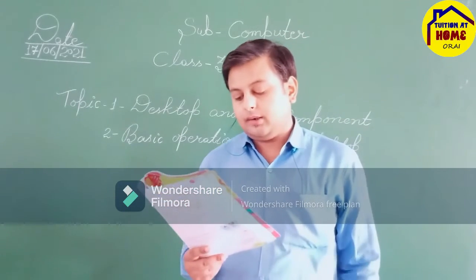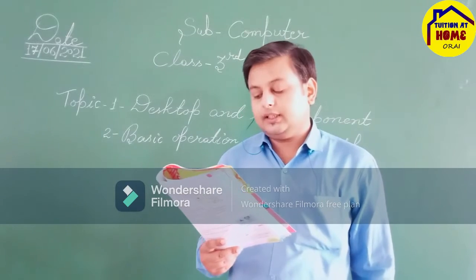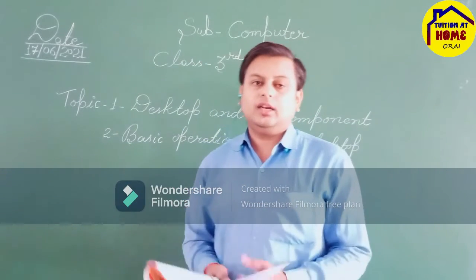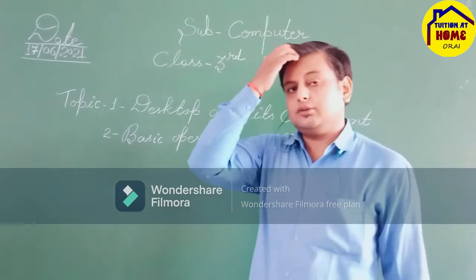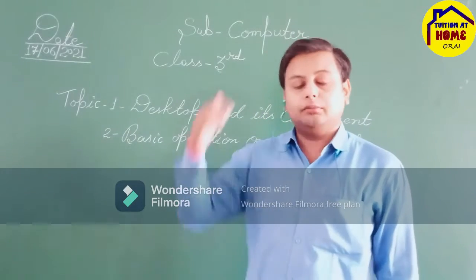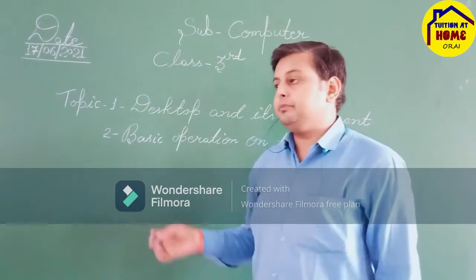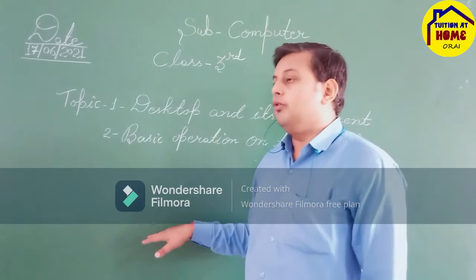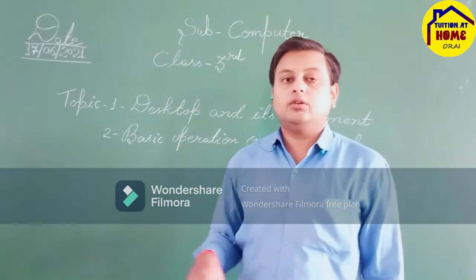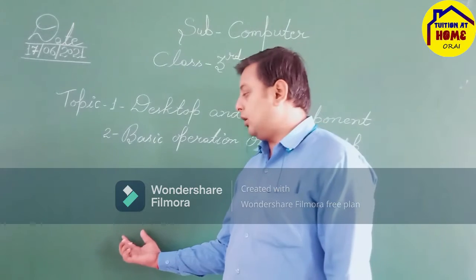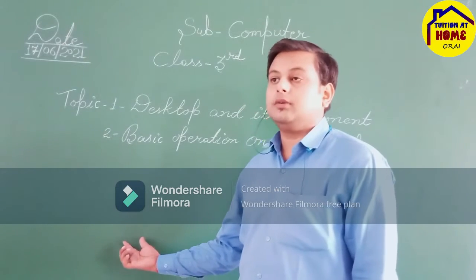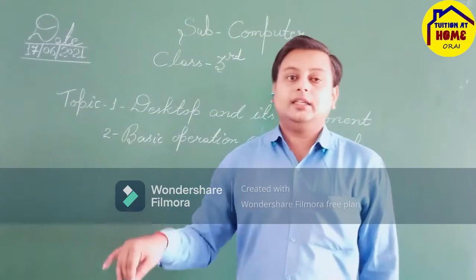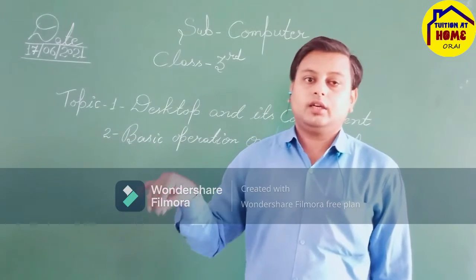When an application is active, its button is highlighted in a lighter shade, a lighter blue color. As I told you, everything which is selected in a computer system is highlighted by blue color. So when you work on an application, that application is highlighted on the taskbar with blue color, showing it is currently active on your desktop screen.